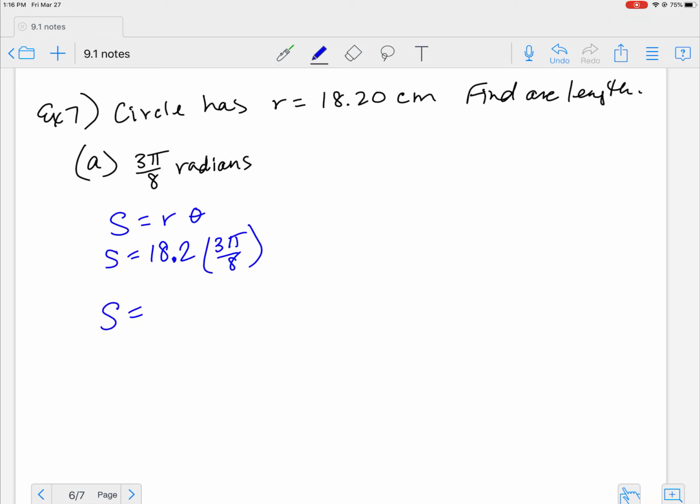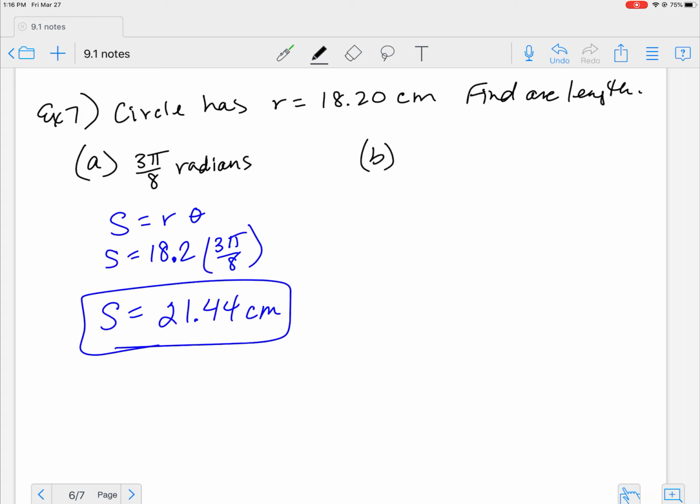That's my tip off that I'm going to round to that also. Literally just plug all that into your calculator. You should get 21.44 centimeters. That's all we're doing, just plugging this into a calculator.